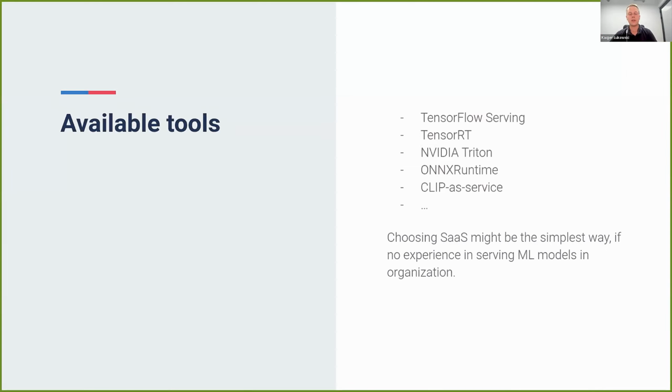But if you have no experience in serving machine learning models in production in your organization, then you can probably choose some SaaS solutions, and that would be way easier for you.